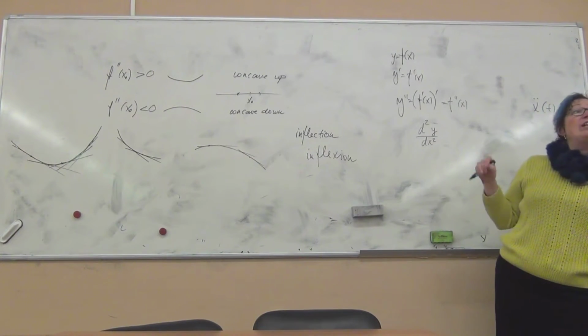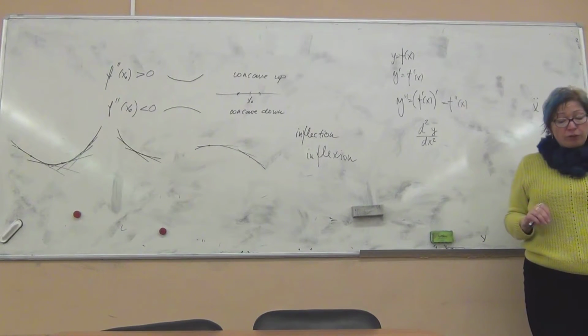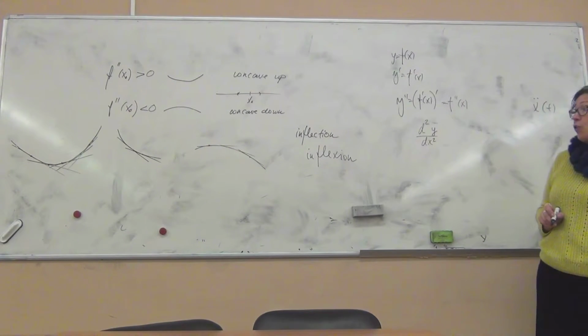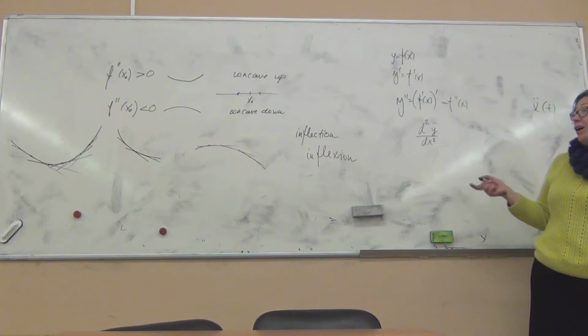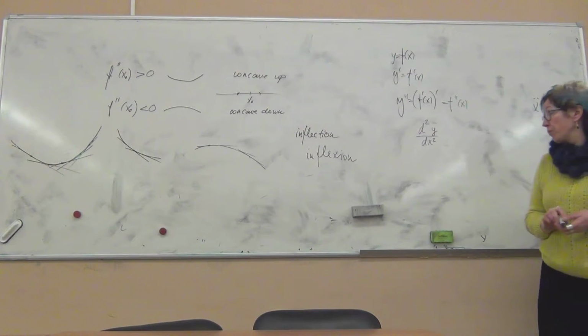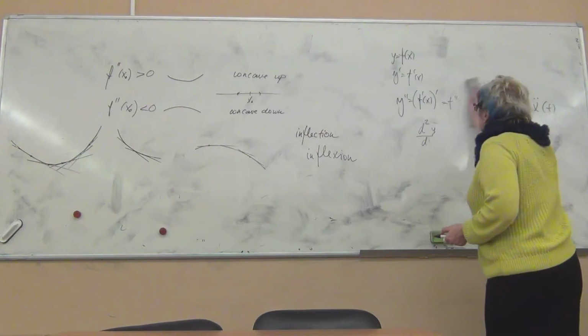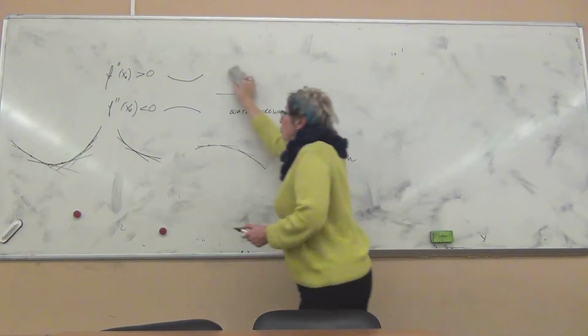So we actually need both derivatives to deduce the actual shape of the graph. And of course, there's always the possibility that the second derivative cannot help us in some situations. We'll see those in a short while.